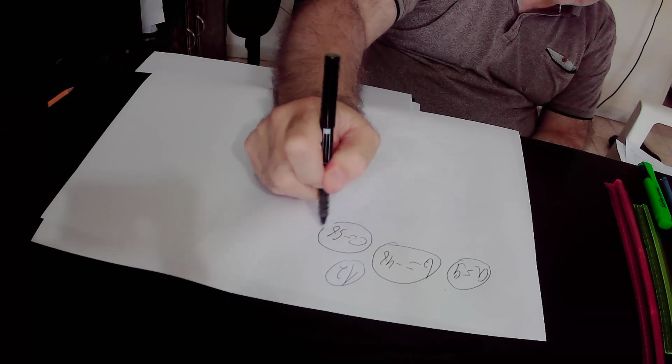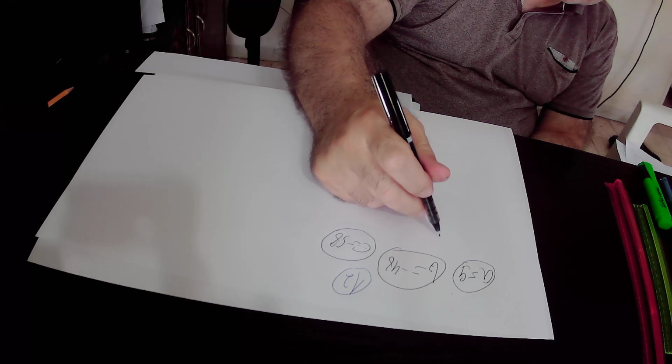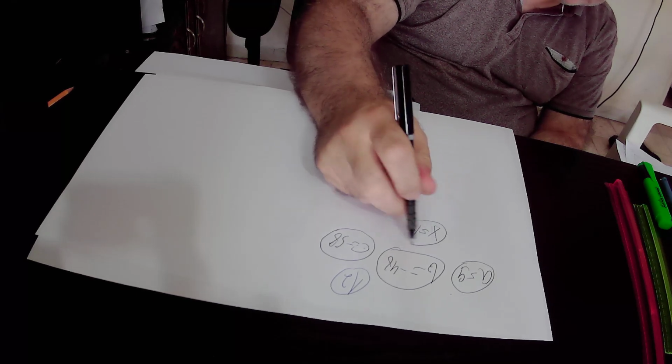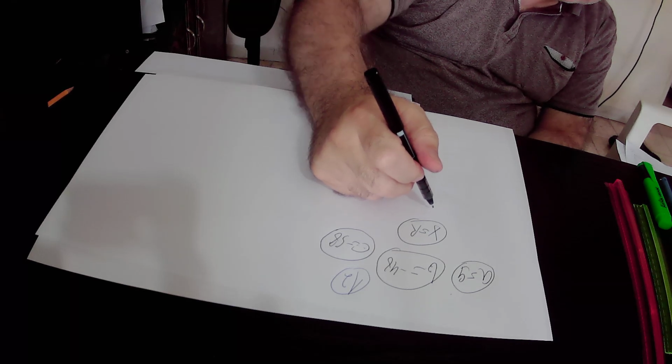And the variable that we are looking for is R, so x equals R. So we'll put the data into the formula and find the values of R, because x equals R.